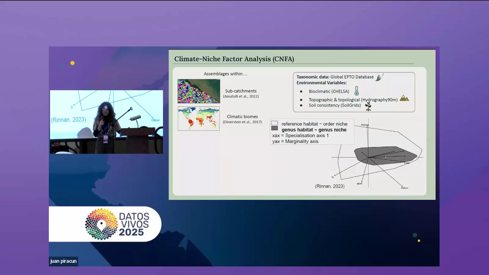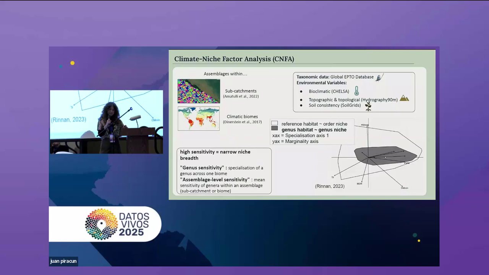So I reconstructed the niches using an approach called ENFA, even though now I'm moving to hypervolumes. And then I got values of sensitivity that shows specialization for individual genera, and then I grouped them by assemblage at the subcatchment level and at the climatic biome level.